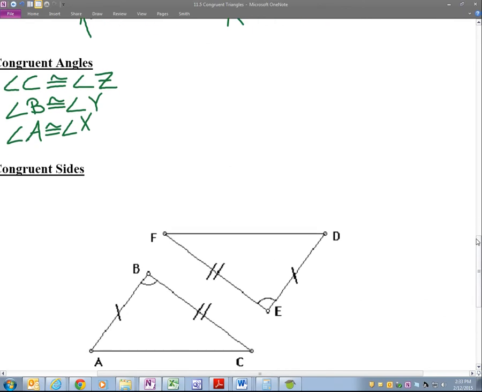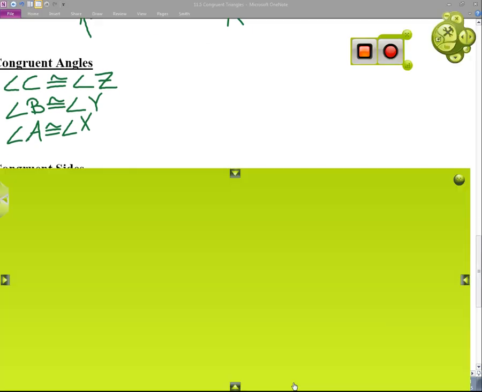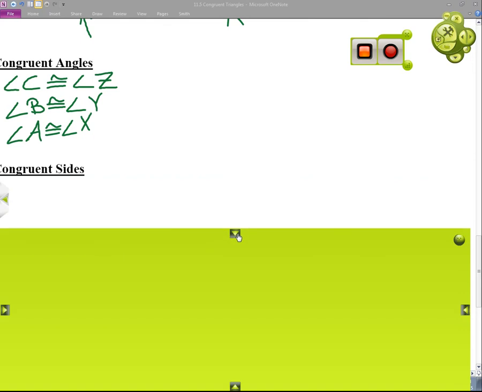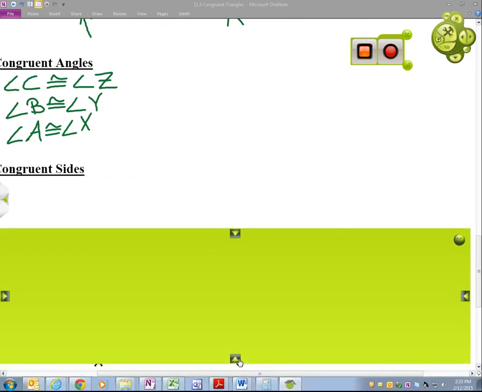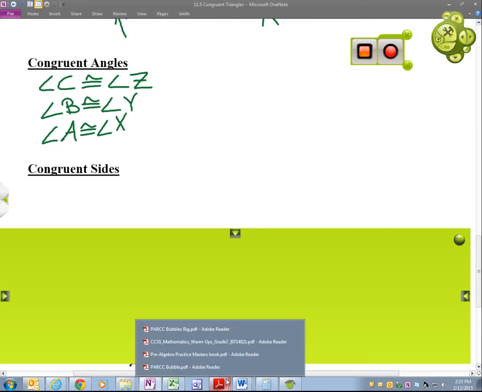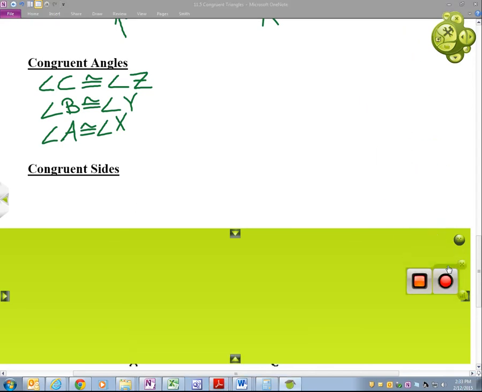How about the congruent sides now of this? Congruent sides of our triangle. I don't have it visible right now, but side AB is congruent to side DE.